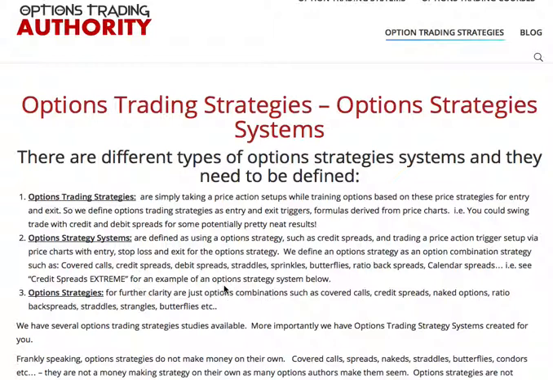Technically a naked put or a buy call, buy put is an options strategy. Calendar spread, straddle, strangle, butterfly, iron condor, whatever. That's what we define as an option strategy.